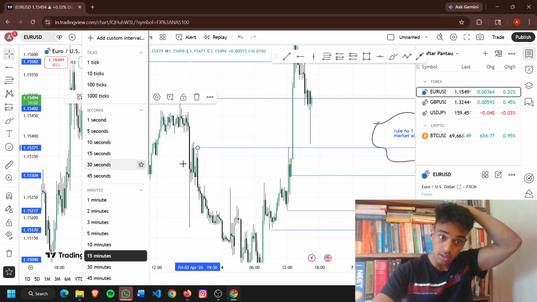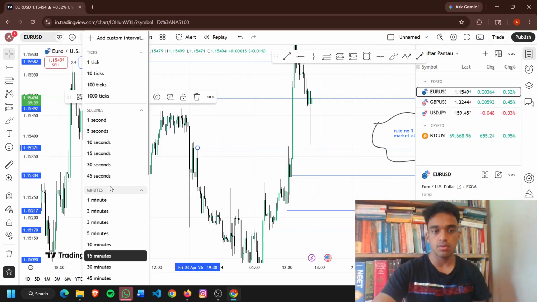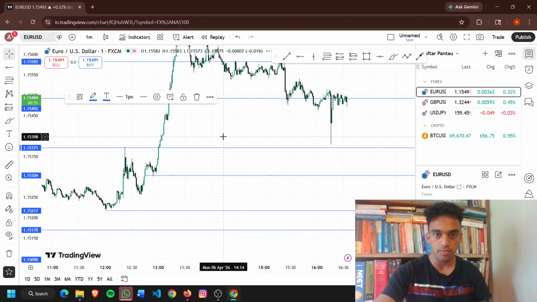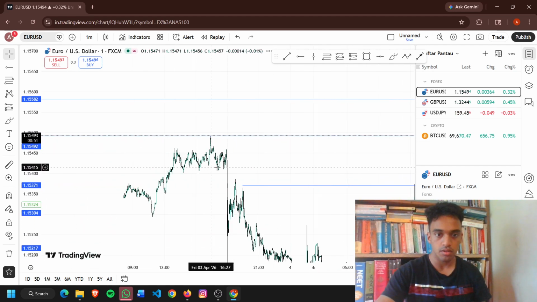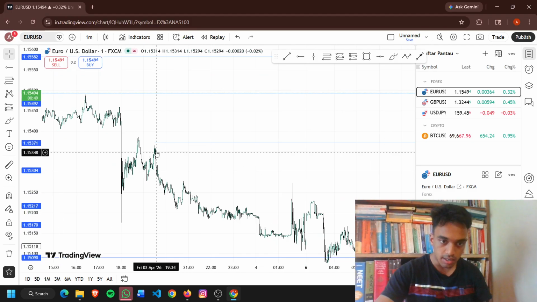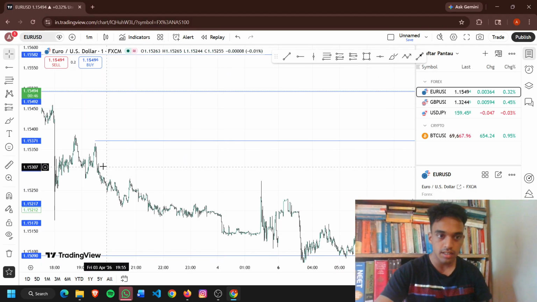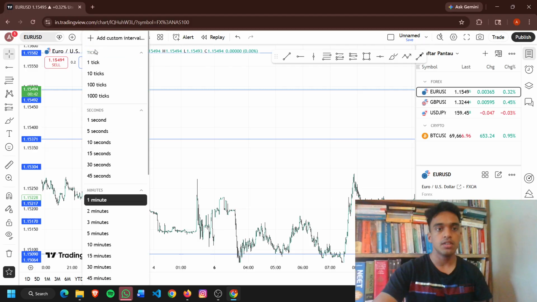If you guys don't understand why this is a liquidity, this is like a wick. If you go to a smaller time frame, see, it became a high. It takes 1 minute to form a candle, that's why it's showing like this.